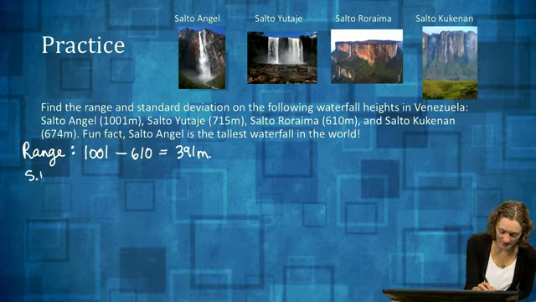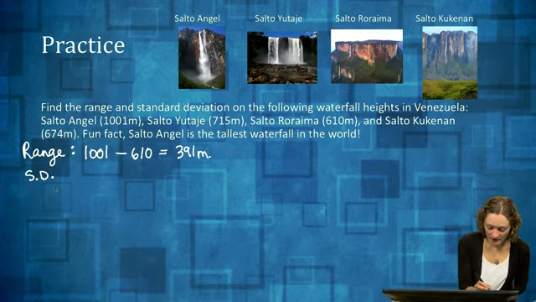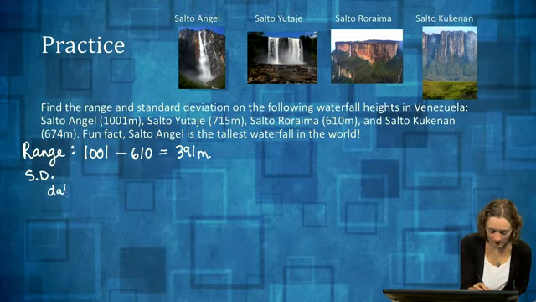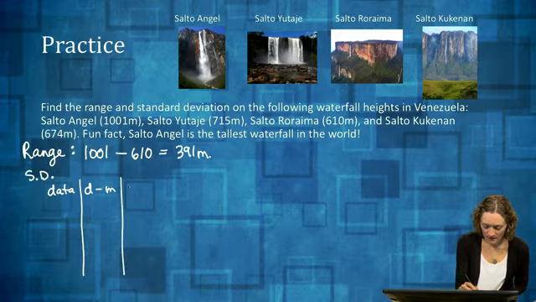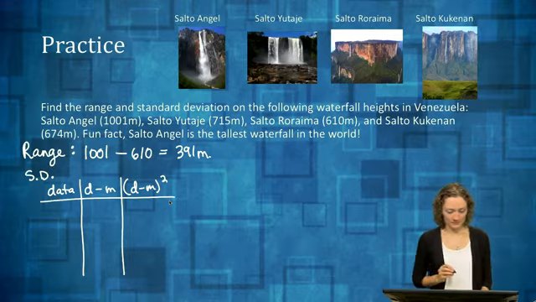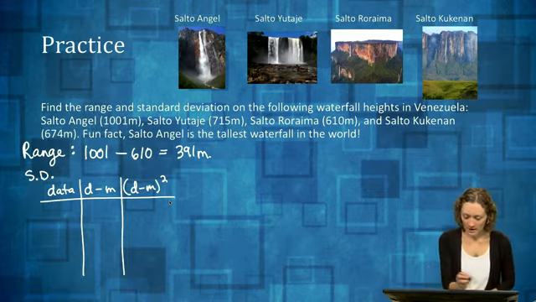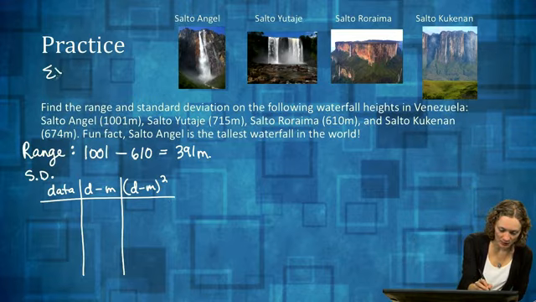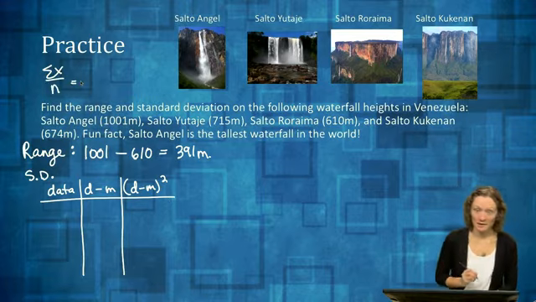All right, then standard deviation. So let's get a chart going for data. Data minus mean, and then data minus mean squared. First, we need the mean. The mean, remember, is the sum of all the data points divided by the number of data points.